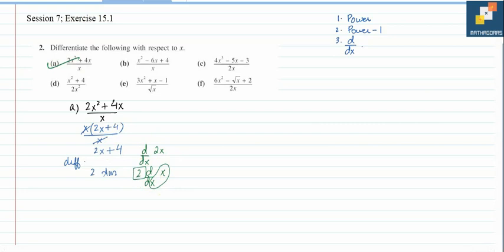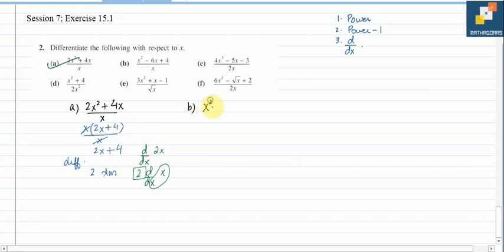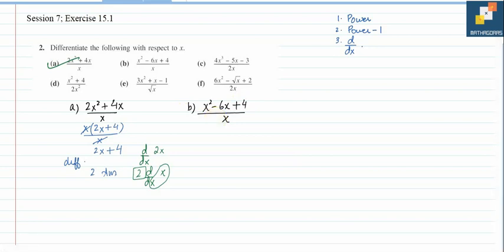Alright, now moving on to the next one, part B. x square minus 6x plus 4 divided by x. Now in this part you cannot take common x from the numerator, so we need to do the separation of LCM.